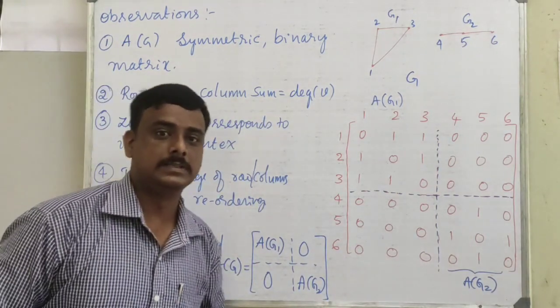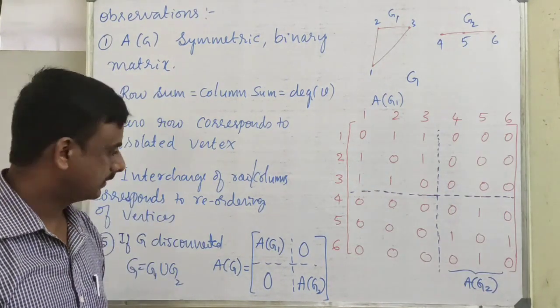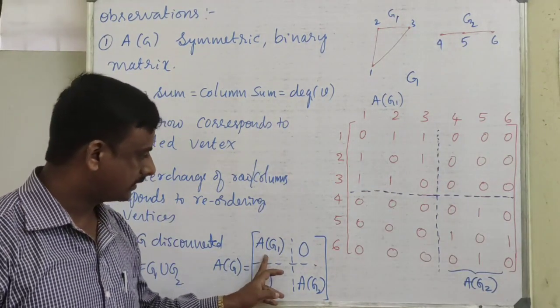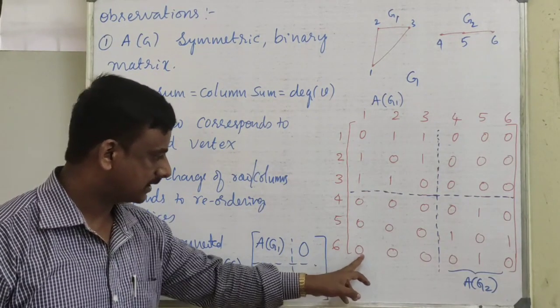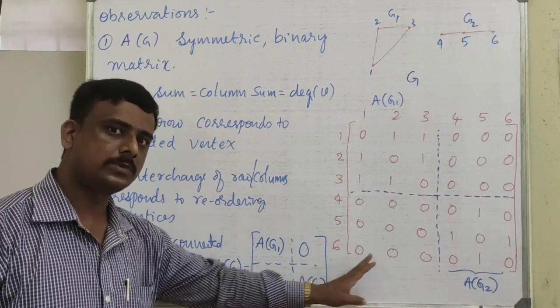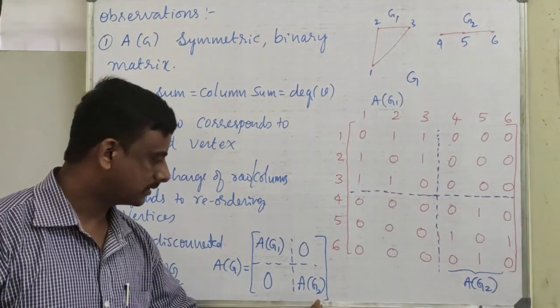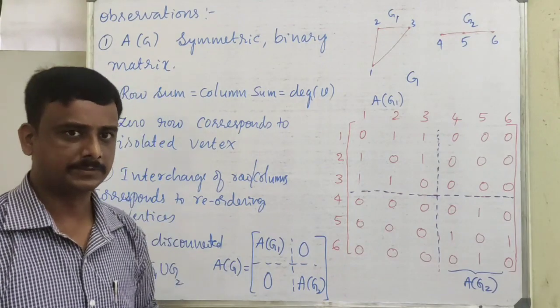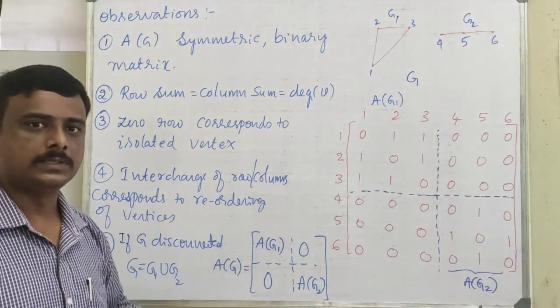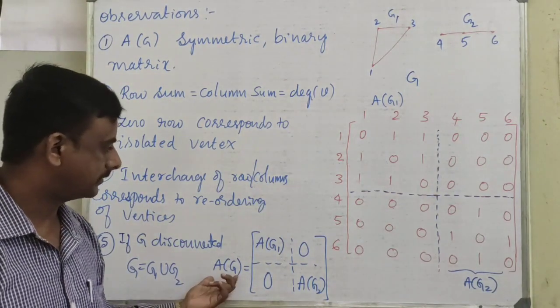Suppose G has 3 components, then the matrix will be A of G1, 0, 0; 0, A of G2, 0; 0, 0, A of G3. That will be the adjacency matrix of G.